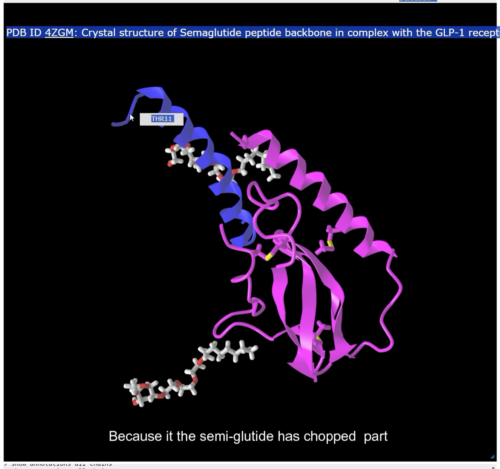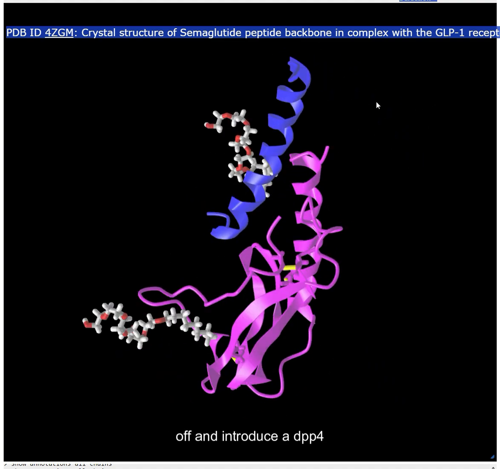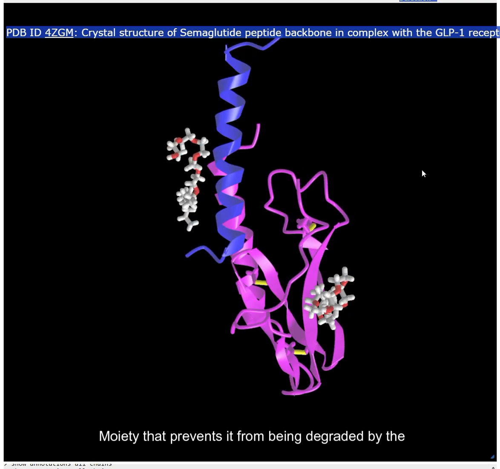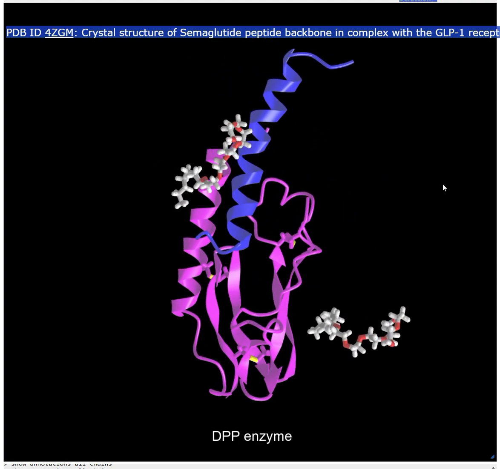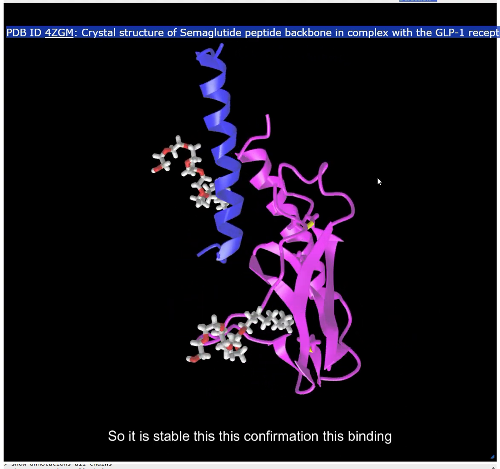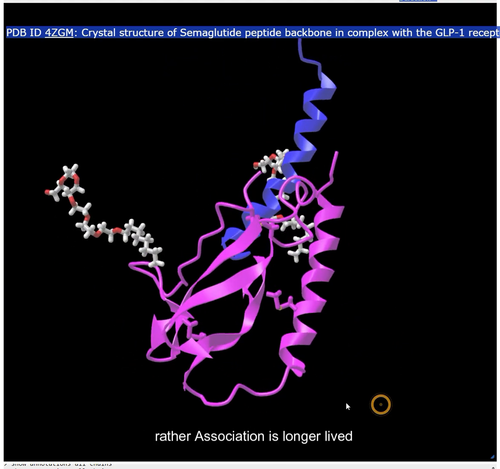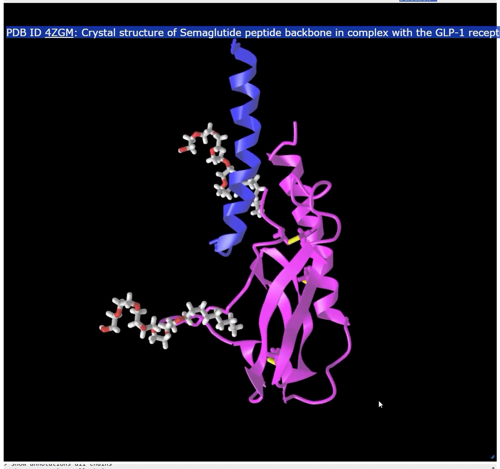Because the semaglutide has chopped that part off and introduced a DPP4 moiety that prevents it from being degraded by the DPP enzyme. So it is stable. This conformation, this binding, or rather association, is longer lived. So you can see it's very, very beautiful.